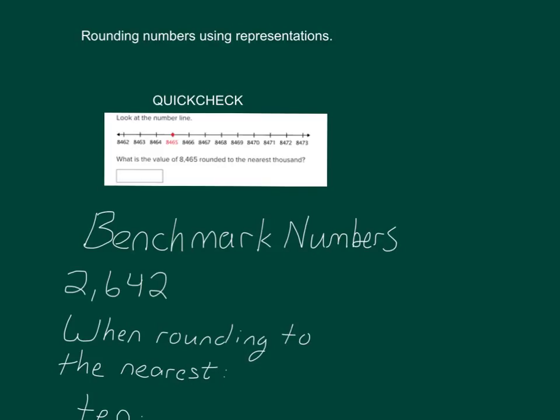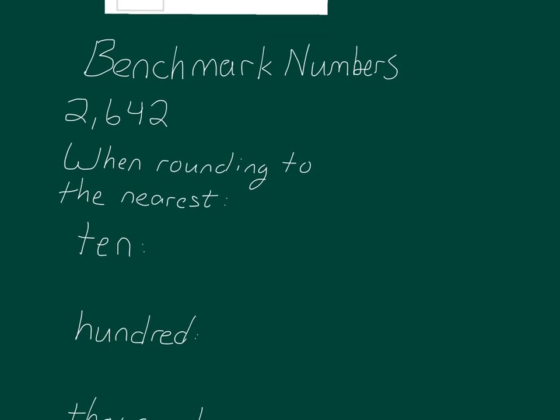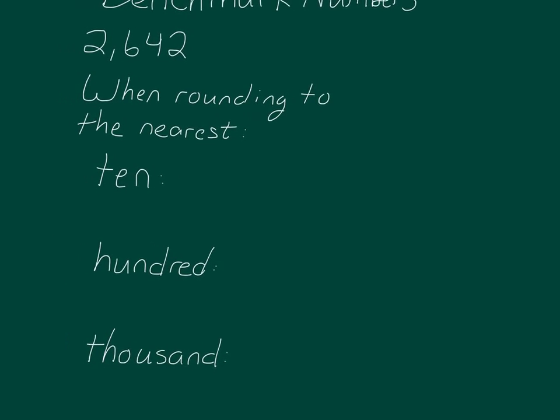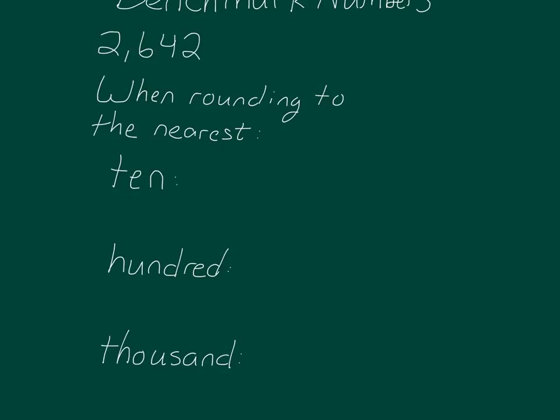Benchmark numbers can be used when rounding to the nearest 10, 100, 1,000, or any place value. When rounding to the nearest 10, if we're talking about 2,642, there are benchmark numbers in the tens place.